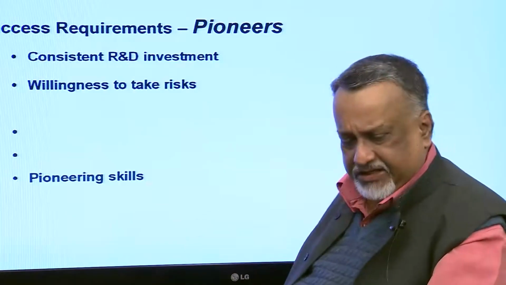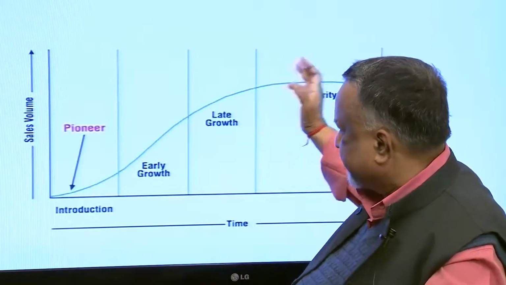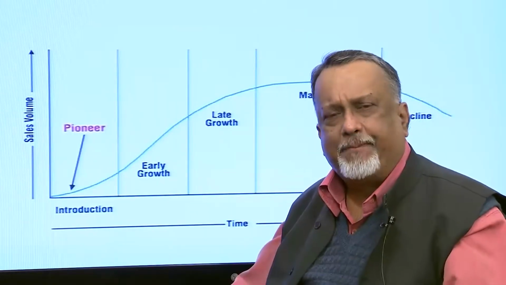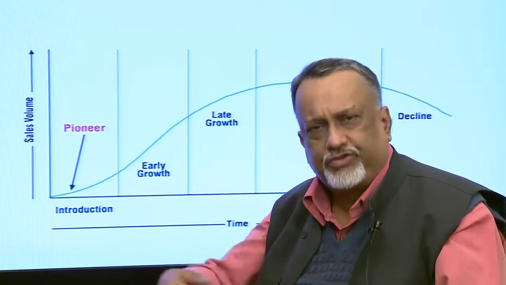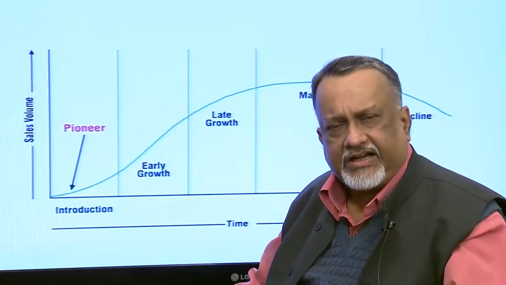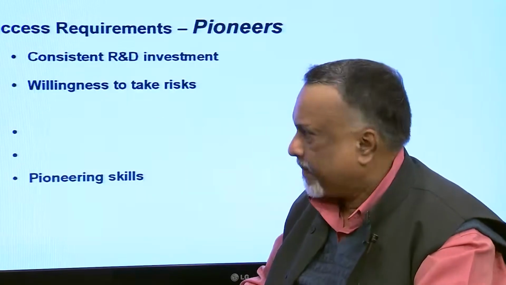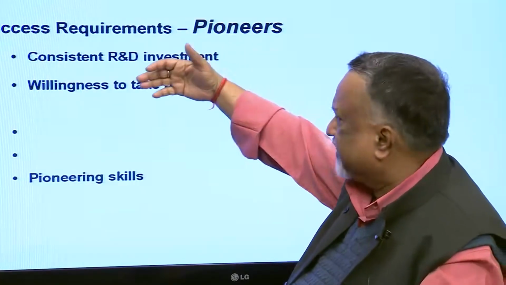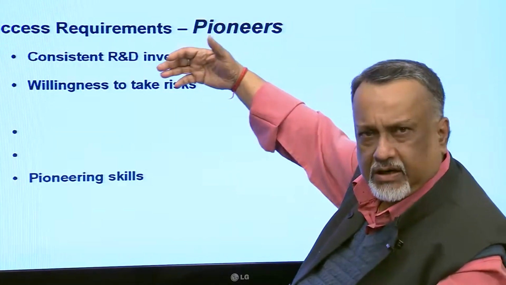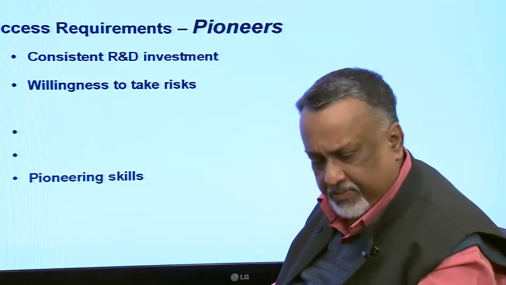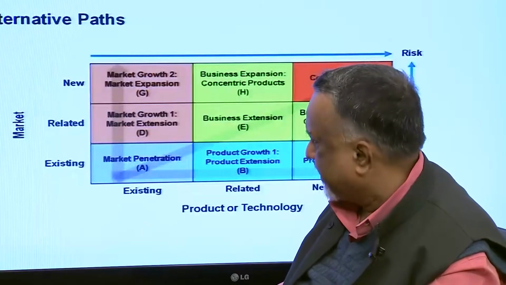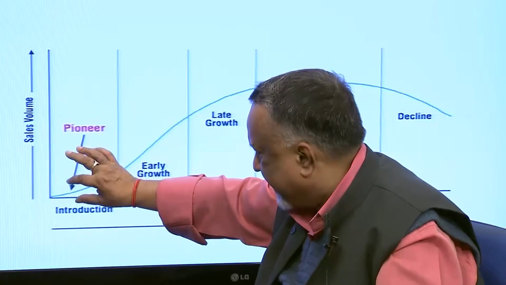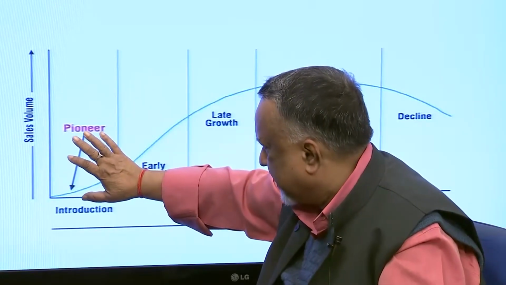So, in different segments, in different parts of this, the organizational internal competencies will also have to change. Different expertise will be needed. So, if you are in the pioneer stage, you need to give consistent R&D investment, willingness to take risk, because at this early stage, these early adopters and innovators are to be attracted.